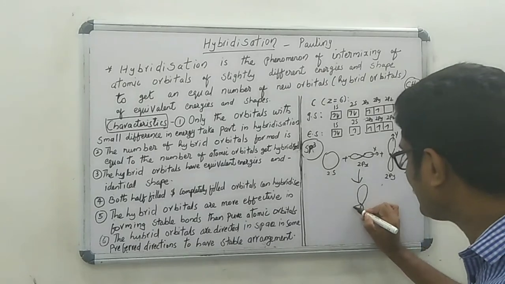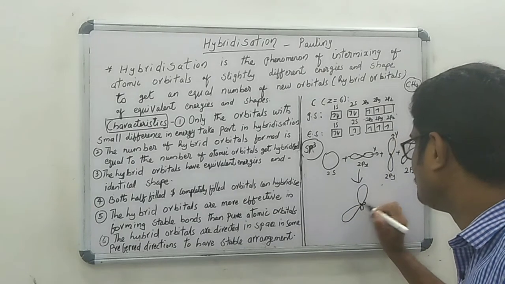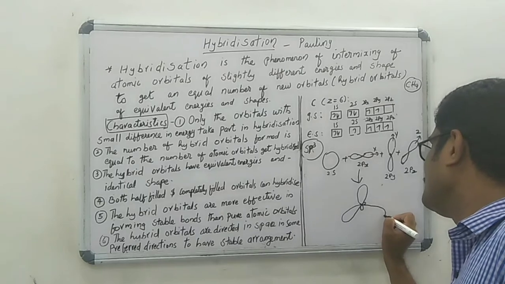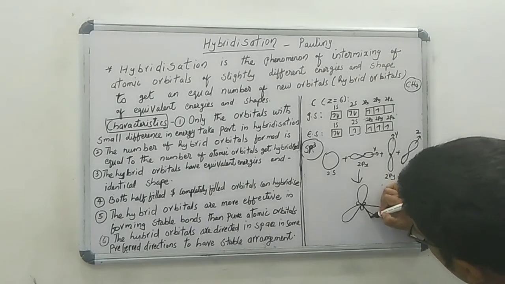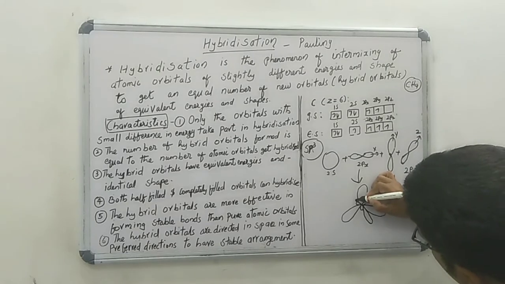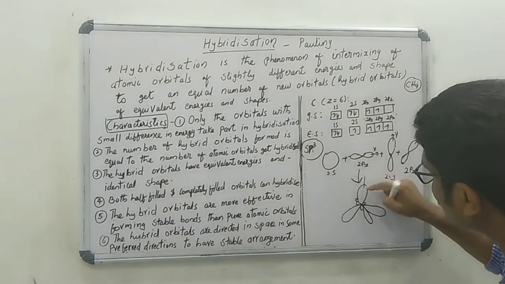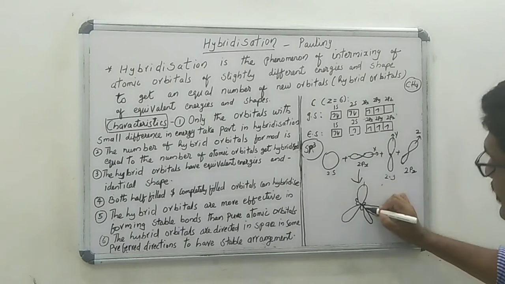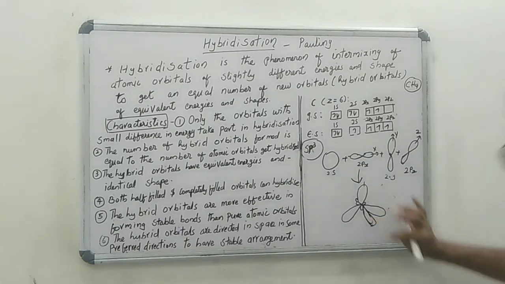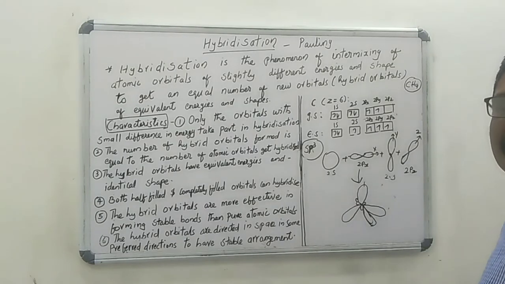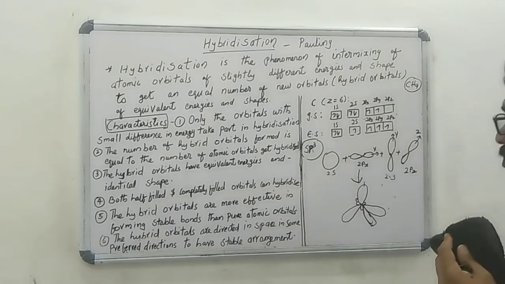Then the second one, the third one, the fourth one. Here new type of orbitals are formed. These orbitals are called hybrid orbitals.